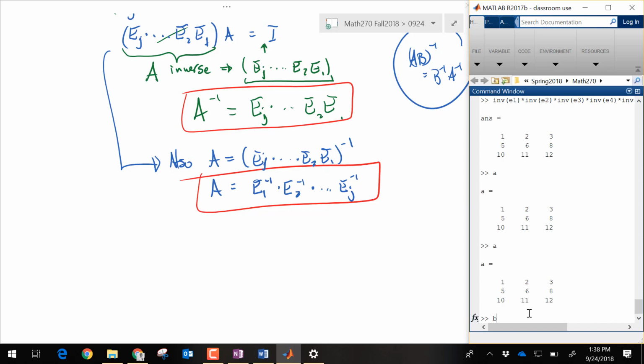I'm going to call this matrix B in Matlab, and I can easily augment this matrix with the identity. So now I have a 3x6 matrix where the last three columns are the identity matrix.